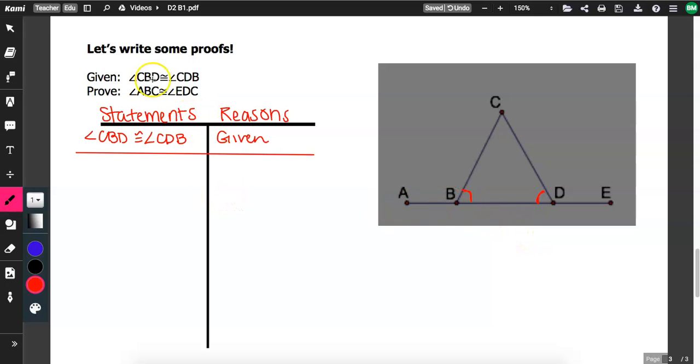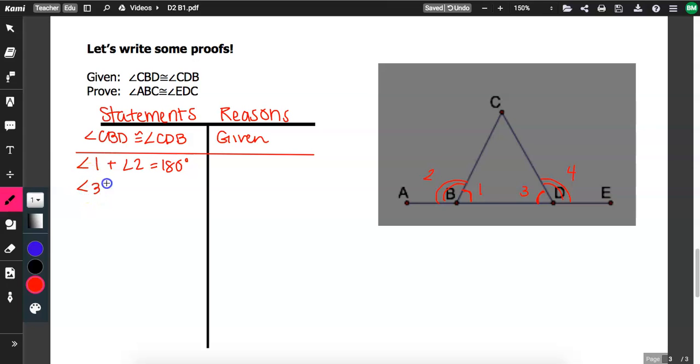Okay. Now I'm trying to show that angle ABC is the same as EDC. So that's the outside angles. ABC is out here. I'm going to draw two arcs for this one. And EDC, I'm going to draw two arcs again. So I use the given information and start to think about what I might know. I'm going to label these with some numbers to help when writing them so I don't always have to use three letters. So I'm going to call this one 1 and 2, 3, and 4. So I know that angles 1 and 2 equal 180.